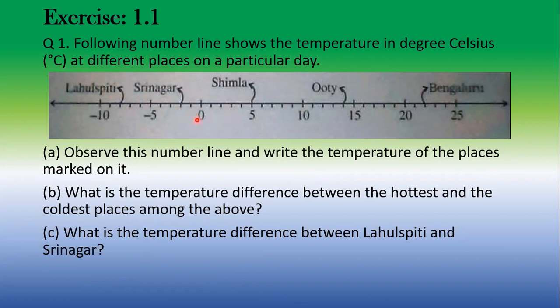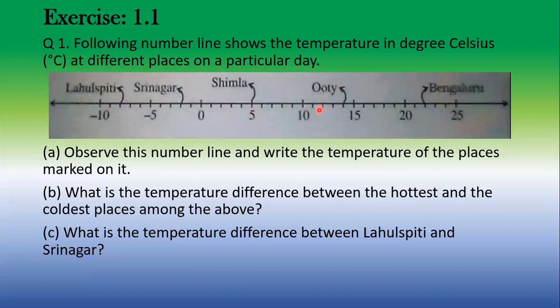Now, Srinagar's temperature is coming between 0 and minus 5, right? So we will start from 0, the next number will be minus 1, minus 2. The temperature at Srinagar will be minus 2 degrees Celsius. Shimla is shown on the right side of 0 and the temperature is 5 degrees Celsius.